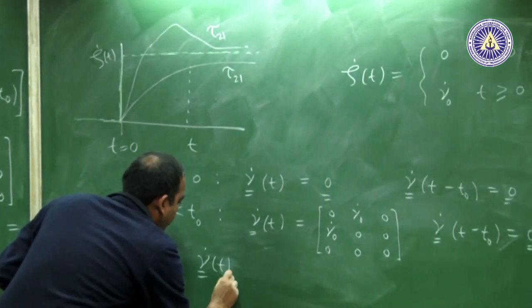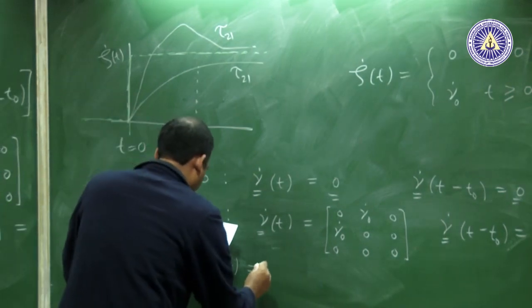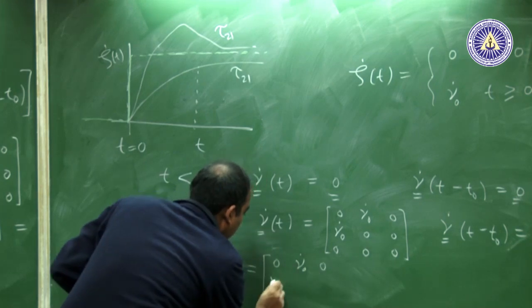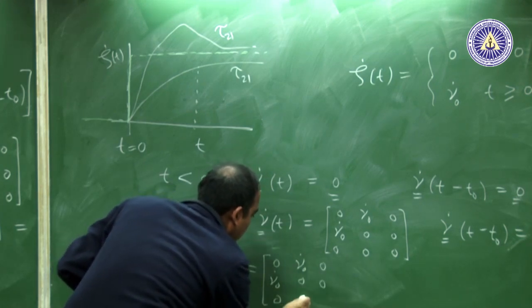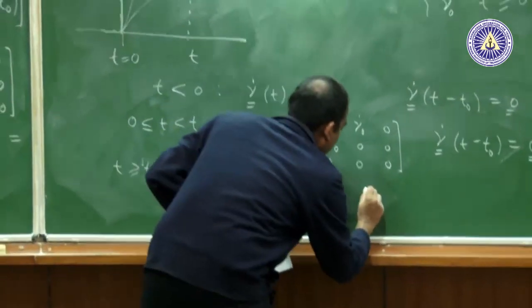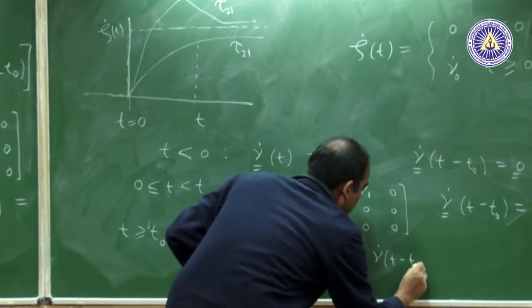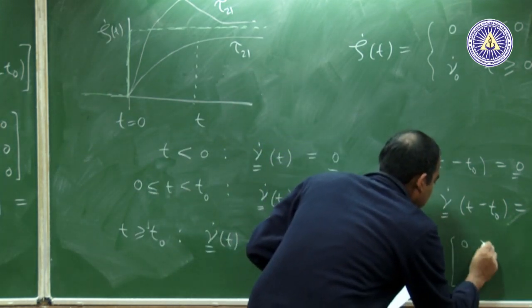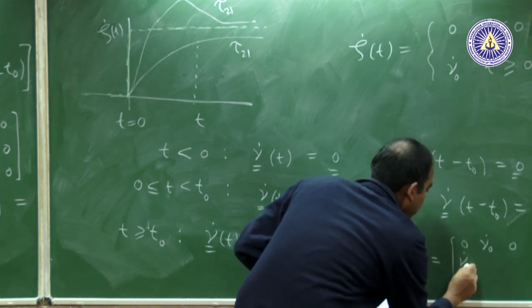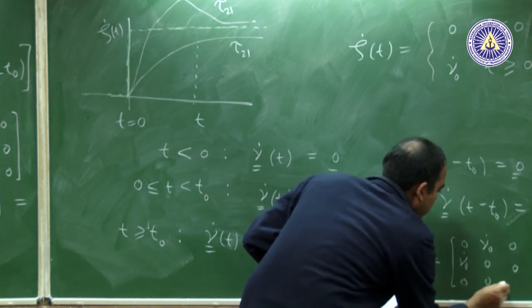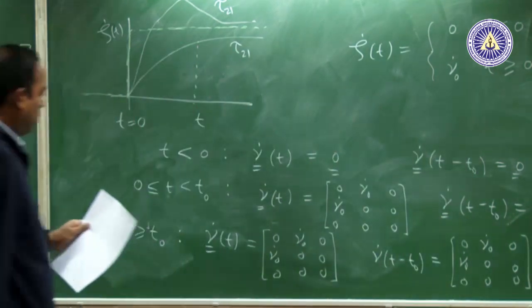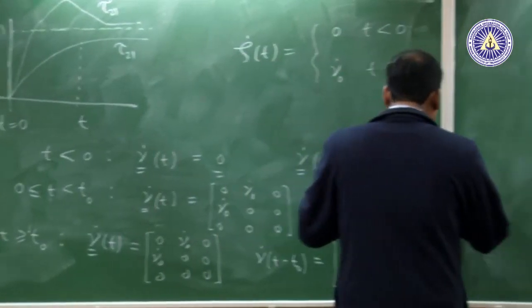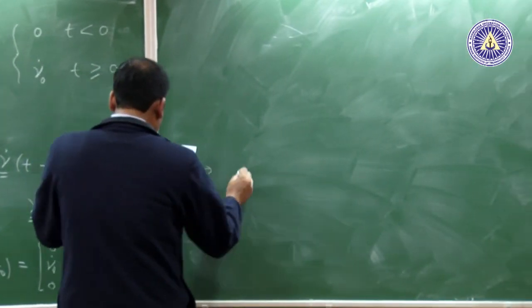So, the first term is... now both terms are non-zero in this zone, which means that for each of these I can get the stress.